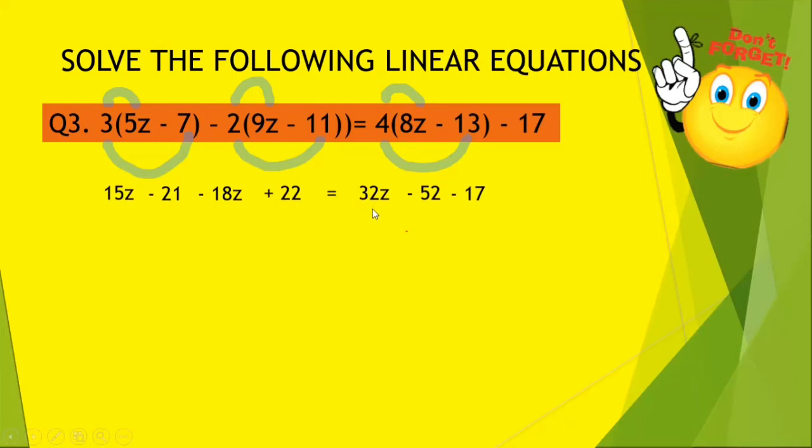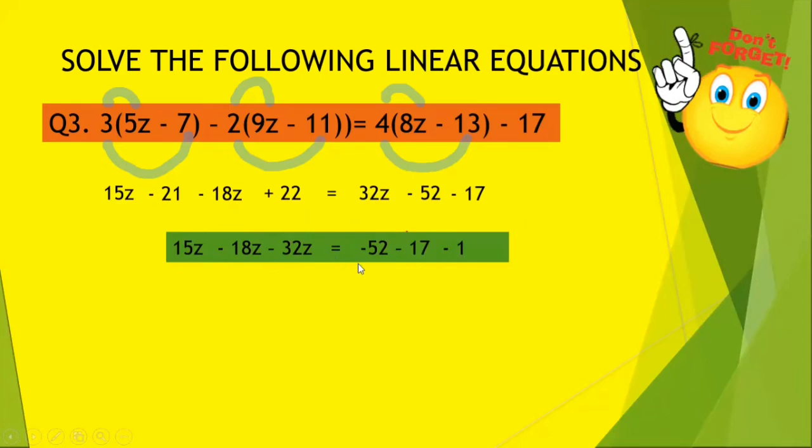So what we are going to do, again bringing friends together, we bring this 32z over here. When 32z is coming to the other side, it is going to be minus 32z. So this is how we brought all the terms with z on the left hand side of the equation. 15z minus 18z minus 32z. Okay, and here we have all the constants.